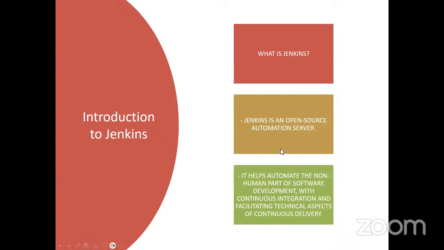It helps automate the non-human parts of software development. What are the non-human parts? Like the system processes. Suppose in a release, the developer is committing their changes and a person is required to manually pull those changes, do the build and put that zip file on the server.